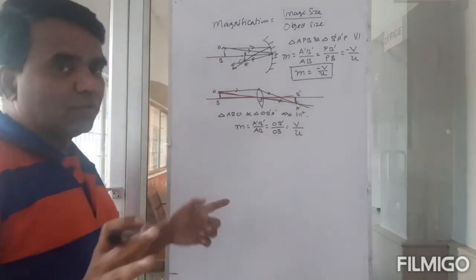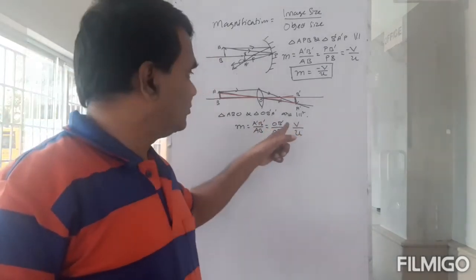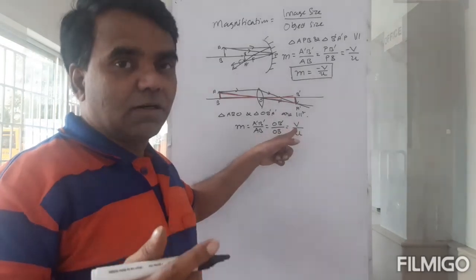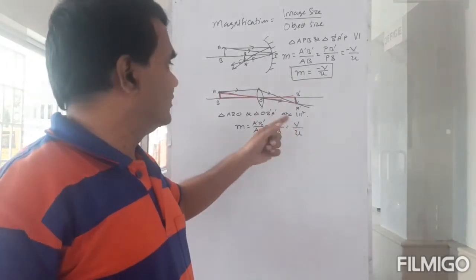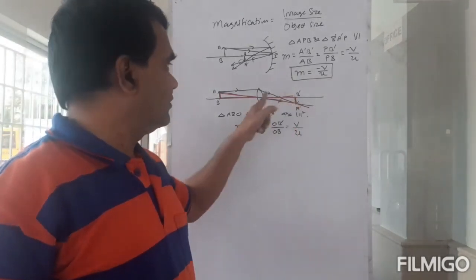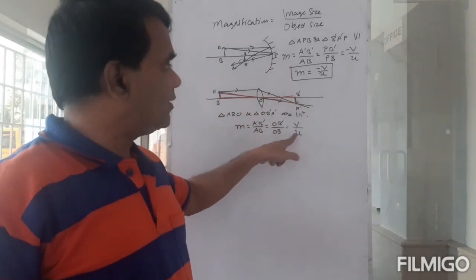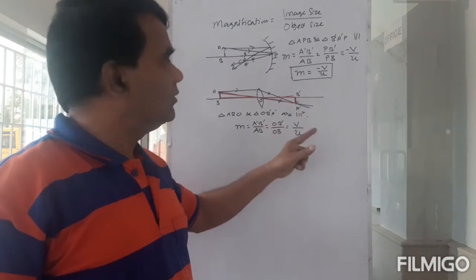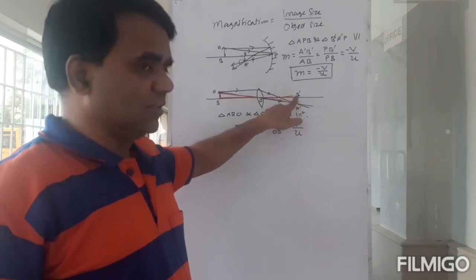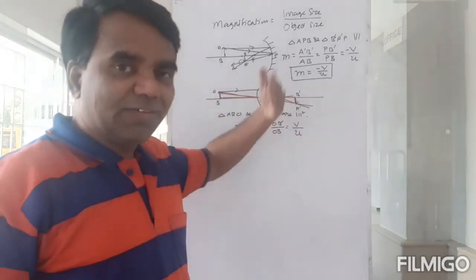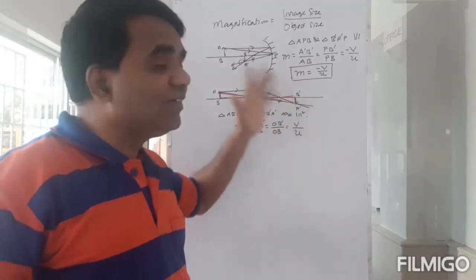But notice here, I have got the sign already taken care of. My V is positive and my U is negative, so V by U will be a negative number. Notice here, it is already inverted. An inverted image will have a negative number, right? So I am going to leave it like that.